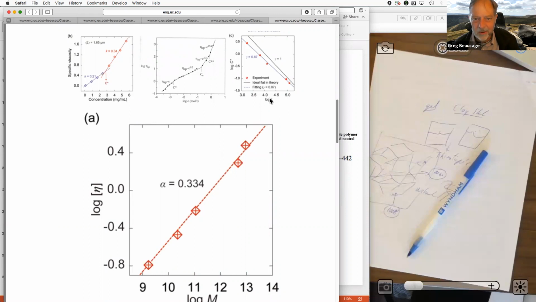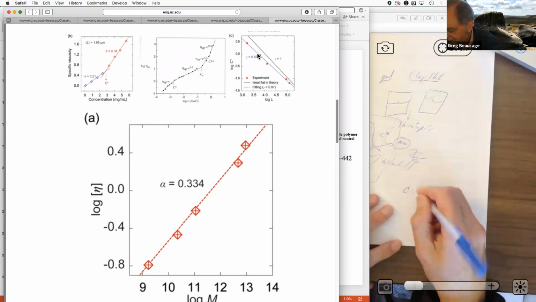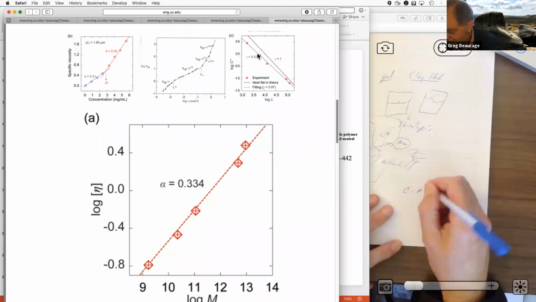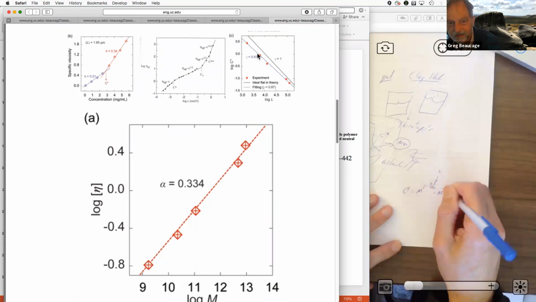So then if C star equals L to the 0.87, you have C star equals M to the 1 minus 3 by df. You know, df is 2, so expect this thing to be M to the minus 0.5.